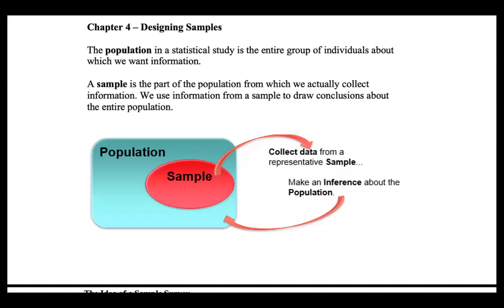Ask questions about ethnicity, ask questions about all types of stuff. And it's actually part of the Constitution that they have to do it every 10 years to figure out what does the country look like. The country looks very different from when we did it 20, 30 years ago, okay?